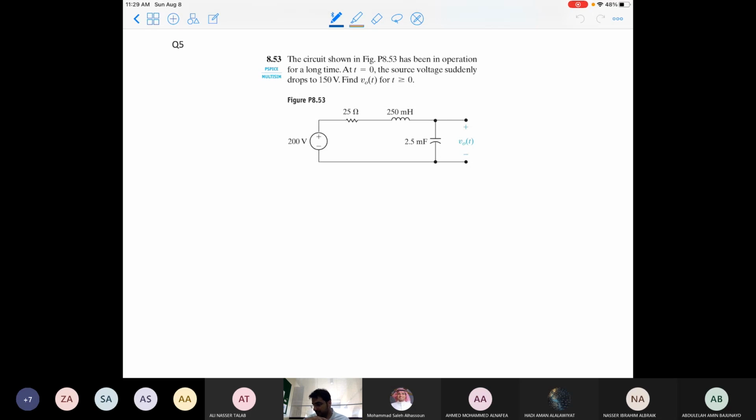But in this case, we have the same source. For t less than 0, the value of the source is 200 volts, and for t greater than 0, we will not have a switch. The only thing that we're going to do is adjust the value of the voltage source to 150 volts.